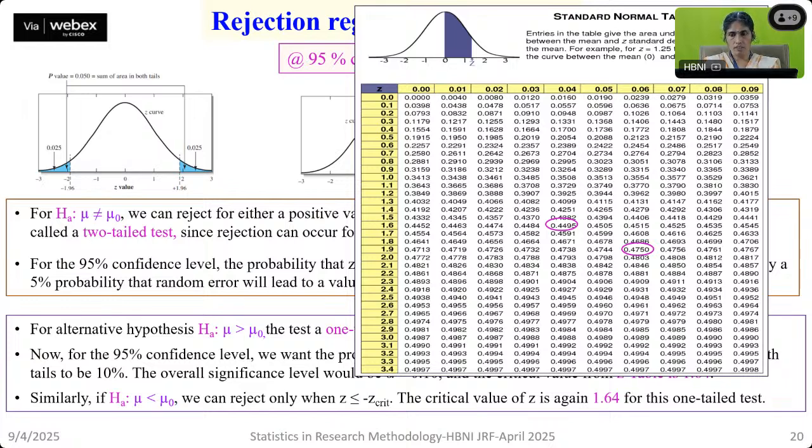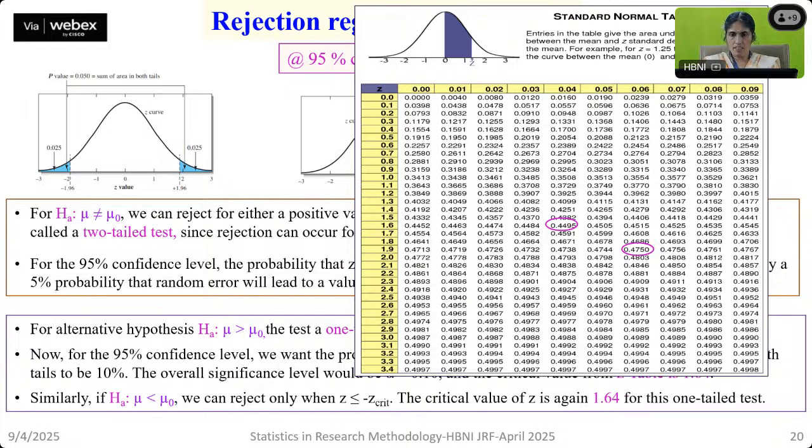The values are given here. 0.4750 will be for the double-sided one, Z corresponding to 1.96. For the single tail, it will be 0.4495, corresponding to Z of 1.64.